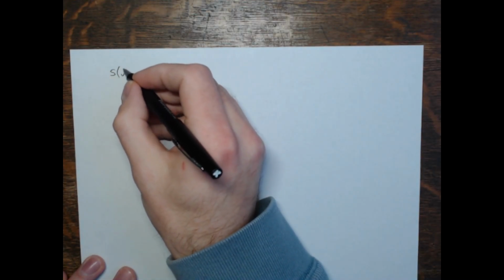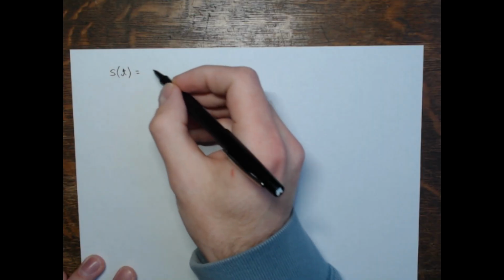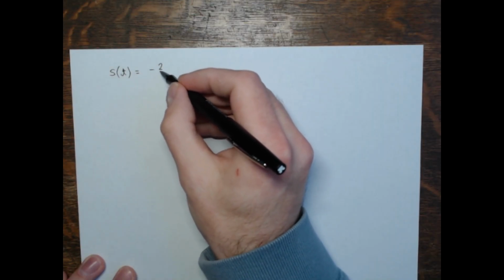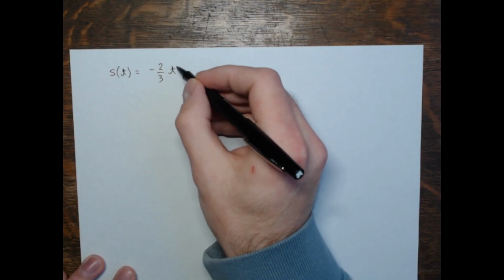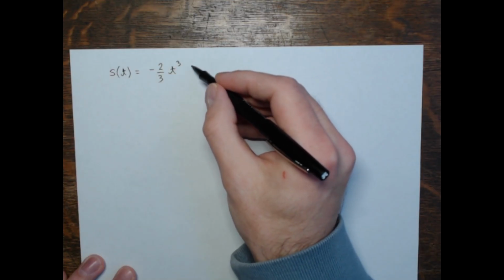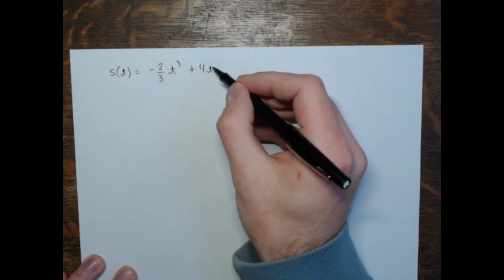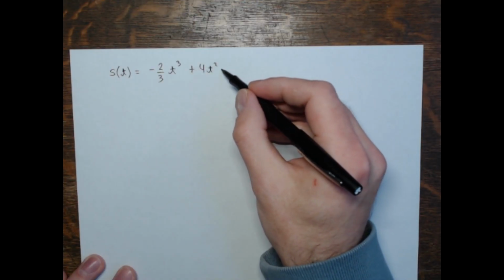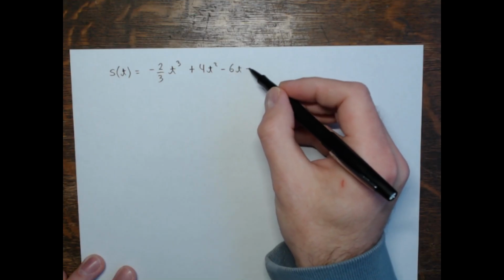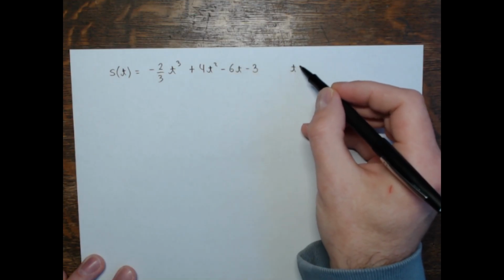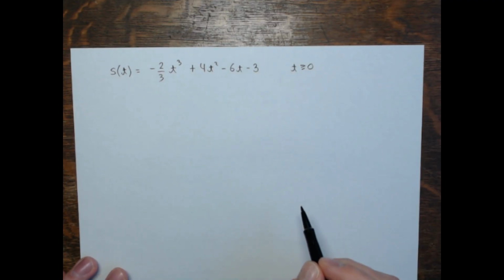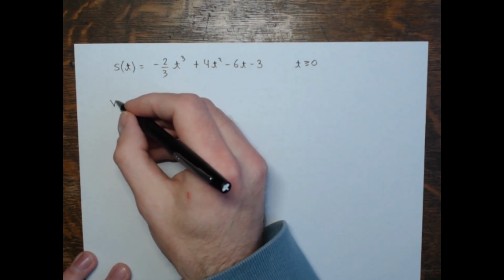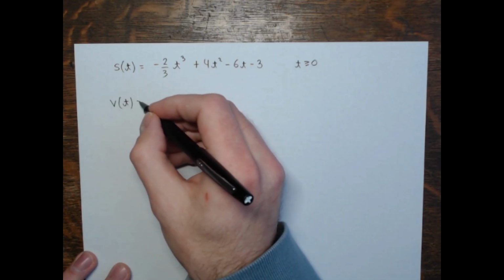So here's our position function. Again, it's negative 2/3 times t cubed plus 4t squared minus 6t minus 3. Once again, t is non-negative times. So the velocity function is just the first derivative.